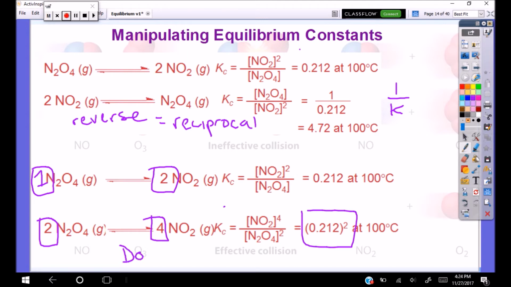So doubling coefficients would lead to you squaring Kc. So Kc squared. If it was tripling, then it would be Kc cubed, quadrupling Kc to the 4th power, etc., etc.